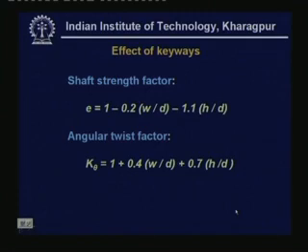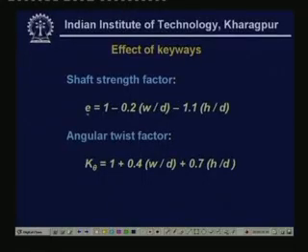Now, let us come to the last part, that is the effect of keyways. The shaft strength factor: because of the keyways, the shaft's strength of transmission of the torque gets reduced, and e equals 1 minus 0.2 times w by d, minus 1.1 times h by d, where w is the width of the key and h is the height of the key.